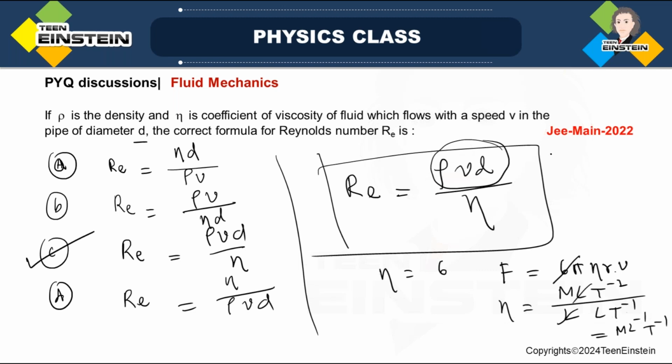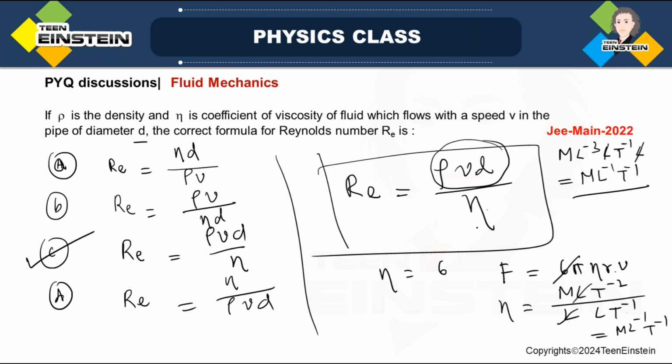Let me find out from here what is rho. Rho is the density, that is mass per unit volume. And what is v? V is L to the power minus 1. What is d? D again has the dimension of length. So what I get here, M L to the power minus 1 T to the power minus 1.